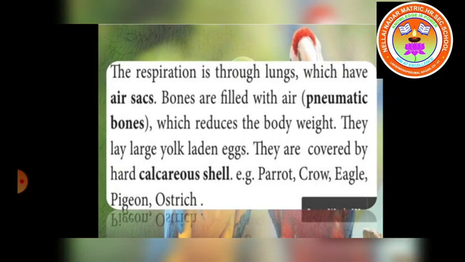Respiration takes place through lungs which have air sacs. The bones are filled with air, that is, we call them pneumatic bones. What do you mean by pneumatic bones? They are air-filled bones. It helps to reduce the body weight.